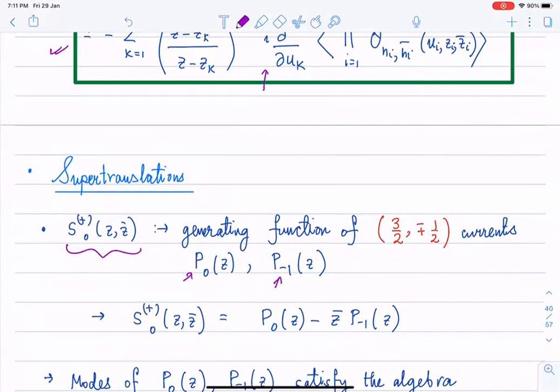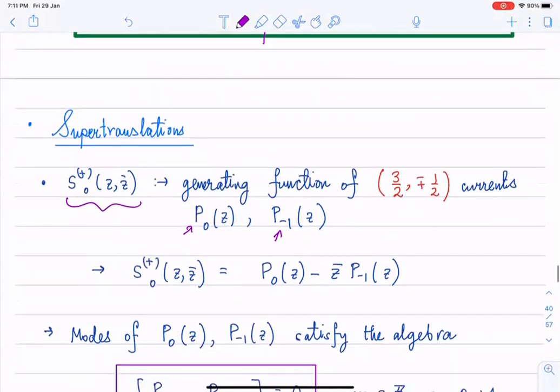That happens because what you can show is that the leading conformal soft graviton operator can be expanded as follows, where you have two terms, P_0 and P_{-1}.